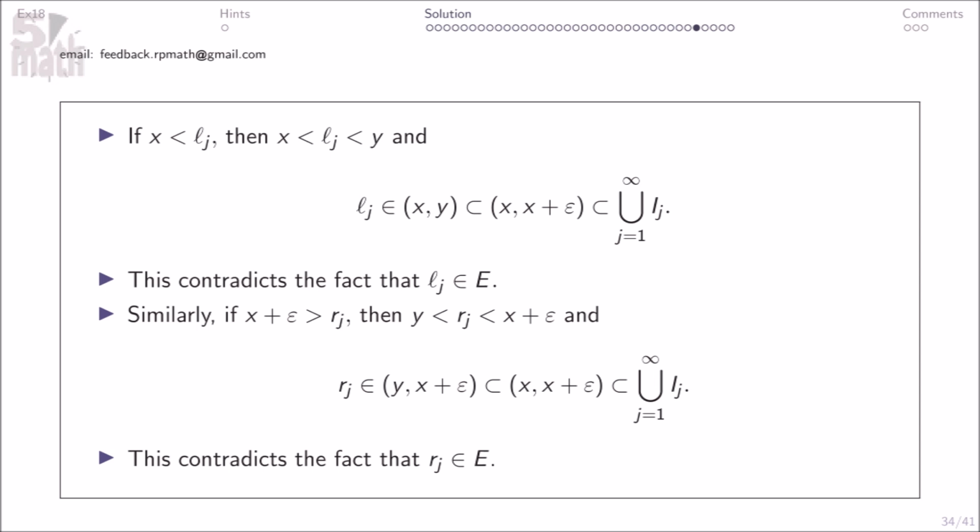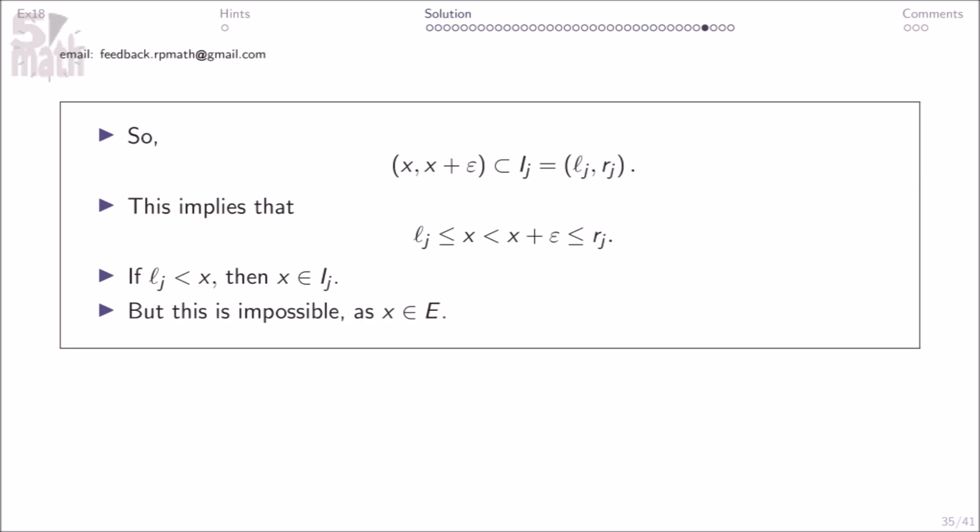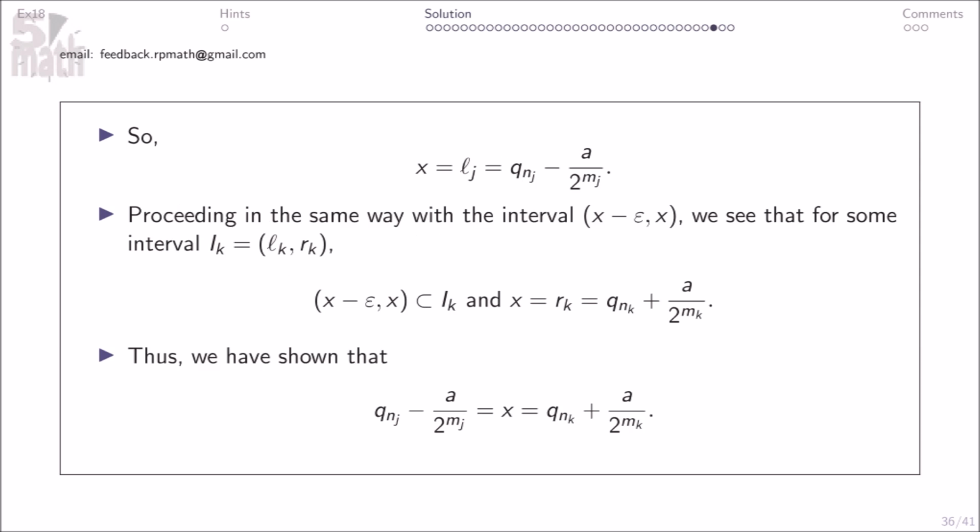This contradicts the fact that I of j in E. So this implies that this. If L of j less than x, then x in I of j, but this is impossible as x is in E. So x equals this.